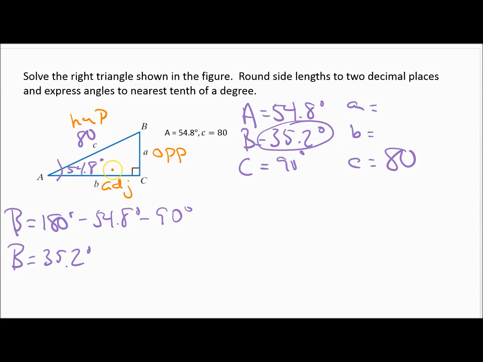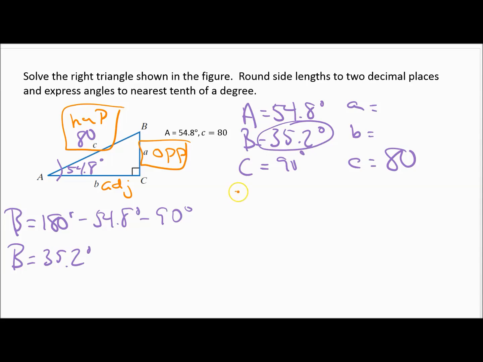So I'm looking for the opposite side right now. I need a trig function that has opposite, the one I'm looking for, and hypotenuse, the one I know. I can't work with opposite and adjacent because I don't know either one of those values. So I have to work with the one I know. So what is a trig function that is opposite and hypotenuse? And you all know that's sine.